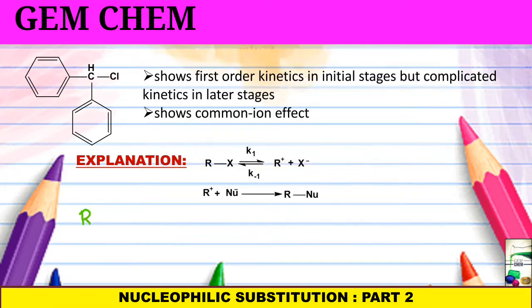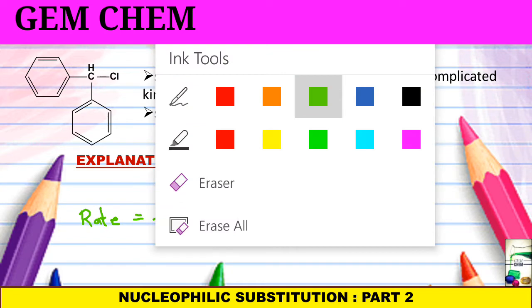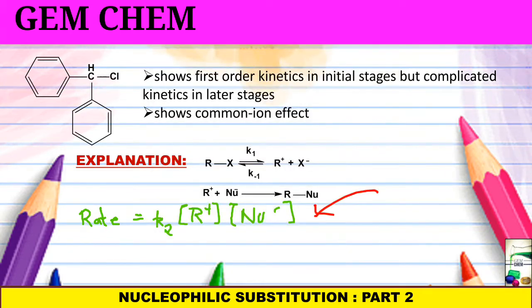First of all, what will be the rate? The rate will be equal to k2 times the R+ concentration and the nucleophile concentration. Now how I wrote this, if you want to know, you can see the chemical kinetics video which is already uploaded on the channel. I will give the link in the description box as well as the i button above this video.